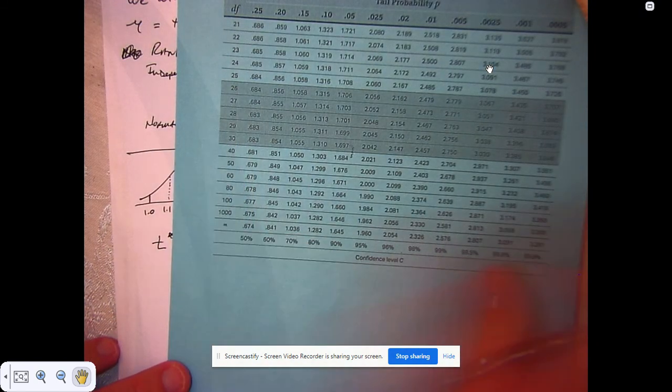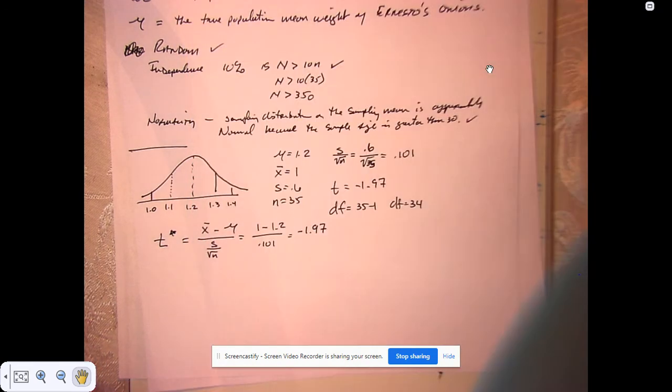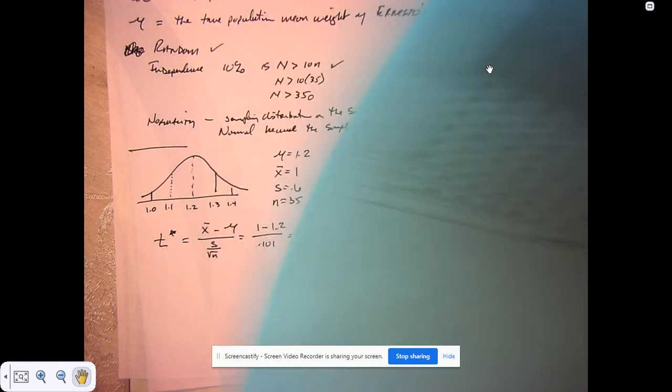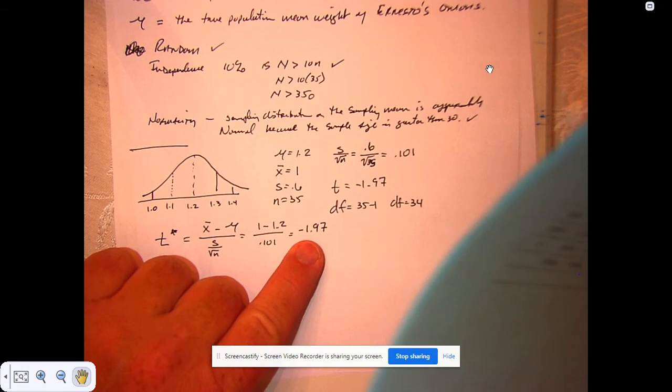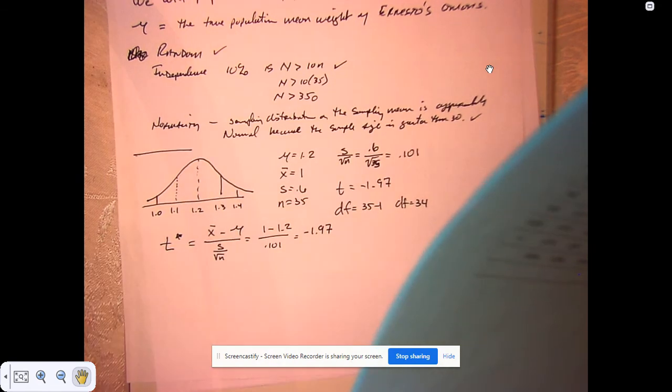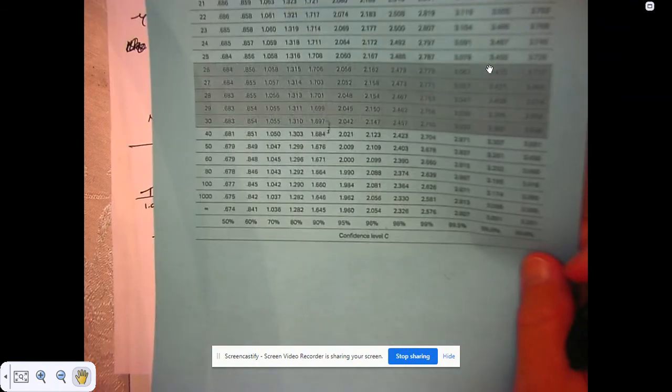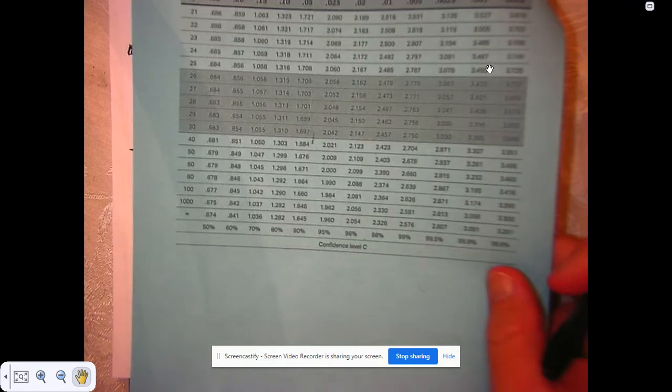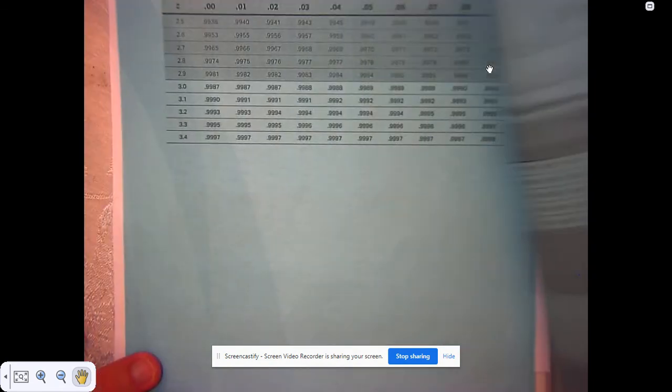So the degrees of freedom of 30, and now we have the tail probability that we have to figure out for our statistic of negative 1.97. Remember, this is the upper tail.